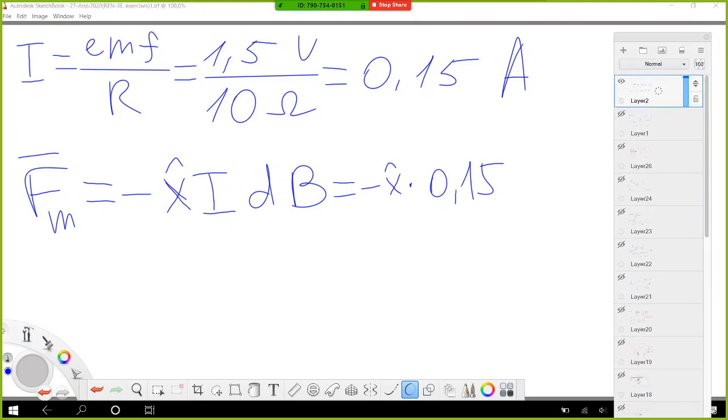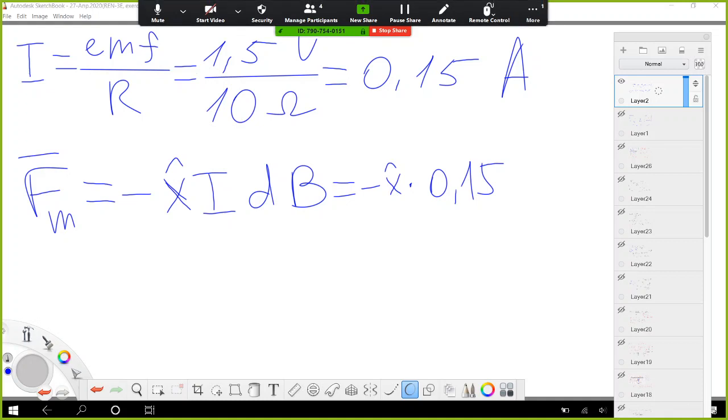The length d was given as, okay, let me see the problem. d was 1.5 meters.